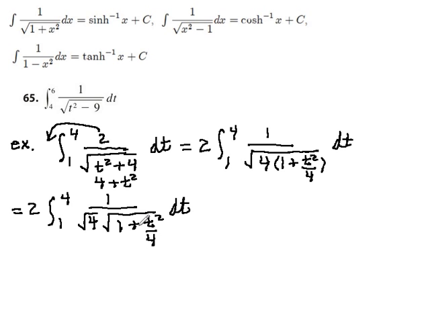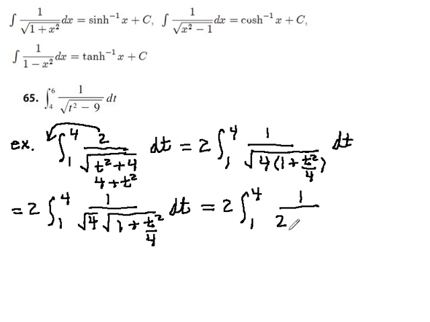So now this t squared over 4, we want our integral to look like this: square root of 1 plus something, quantity squared. So the t is squared, but the 4 is not. So I want to ask, what do you square to get t squared over 4? So this will be 2 integral from 1 to 4, 1 here. Square root of 4 right there is 2.